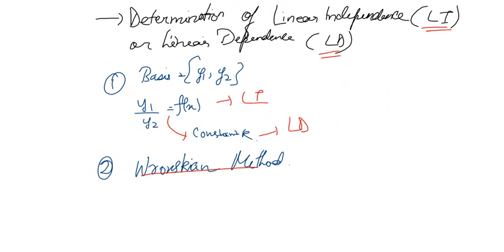So either you can go by y1 by y2 is equal to f(x), which is a very short route to it, or if it's a constant then it is LD. If it is some function of x, it is an LI function.